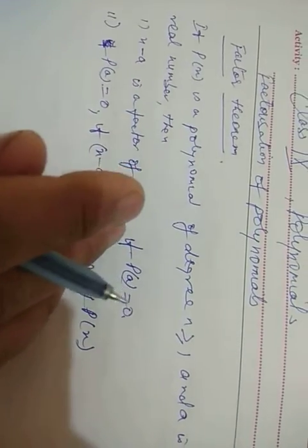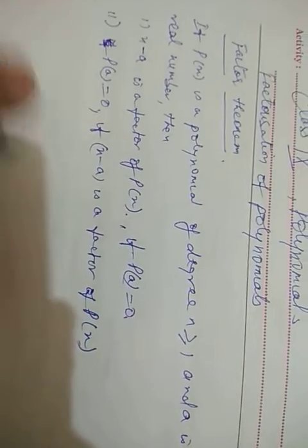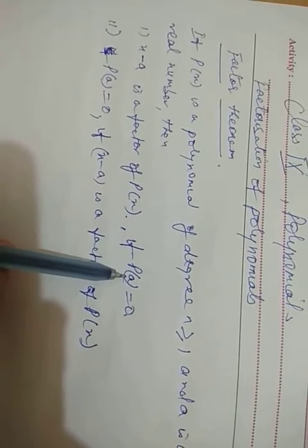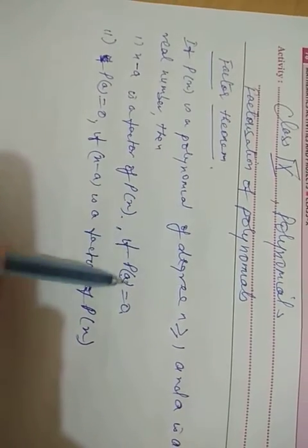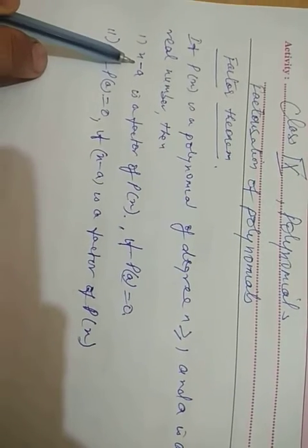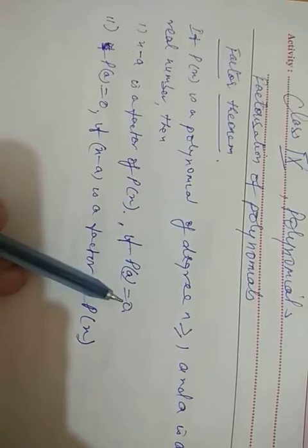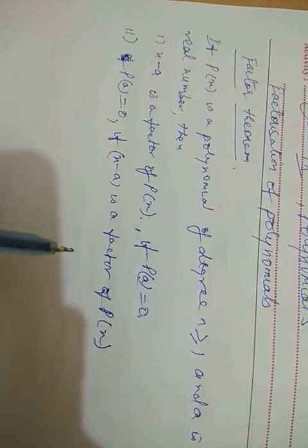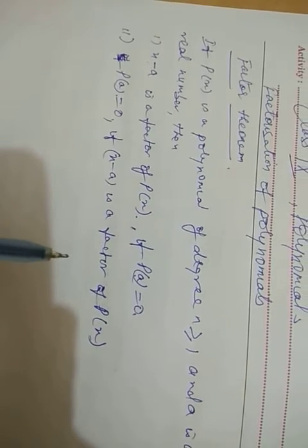Ultimately, it says that by substituting the value x equal to a, if the whole polynomial tends to 0, then x minus a is the factor. And if the remainder is 0, then x minus a is the factor of p(x).